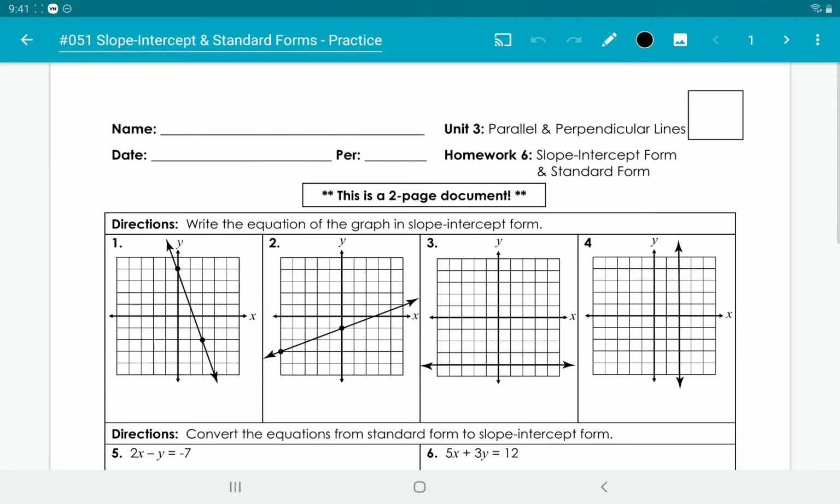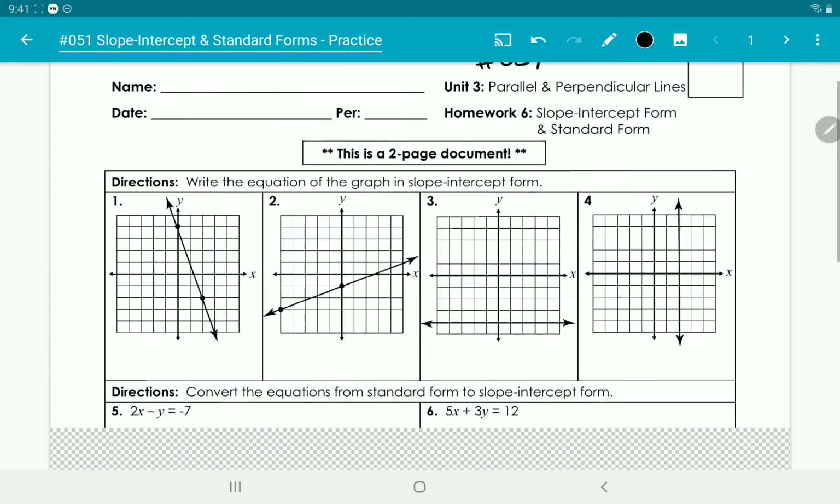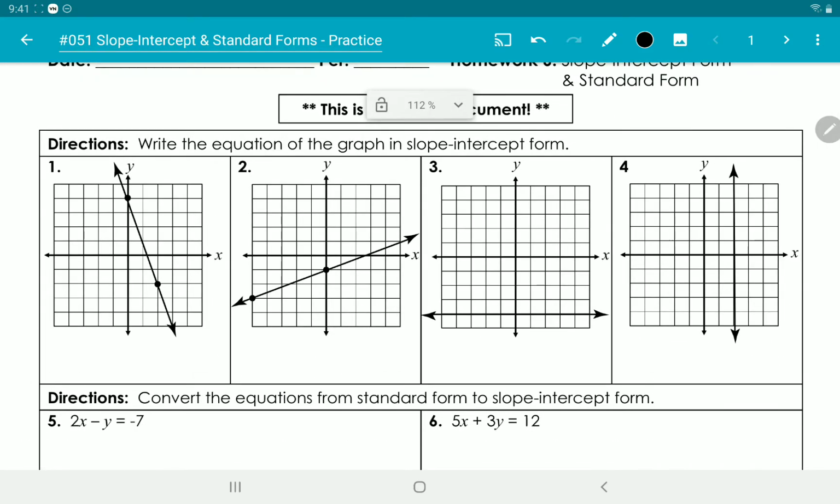Guys, this is some practice problems that you're having to go over. This is number 51. If you need it, I'm going to go over some of these practice problems. Sorry, I can't talk today. We're just going to go over some of them so that you can make sure that you're getting the right answer. So I'm going to go over number 1. I will go over number 3.